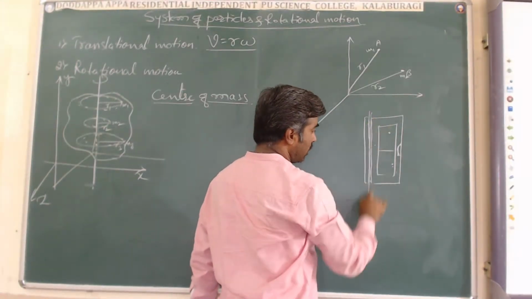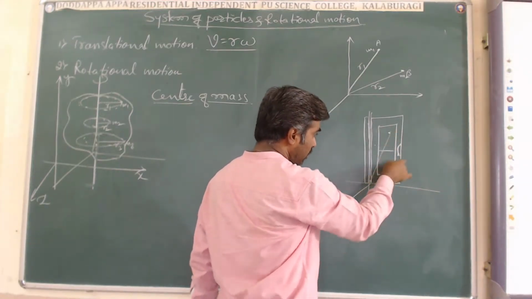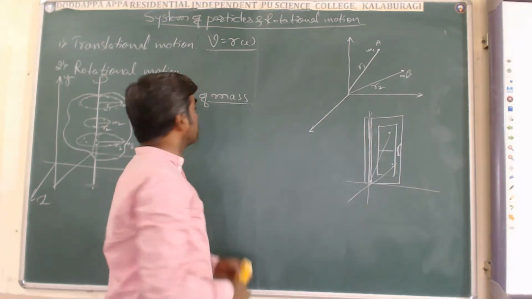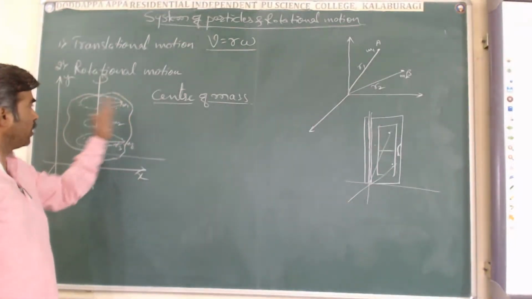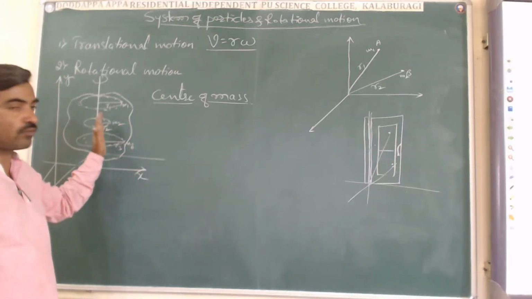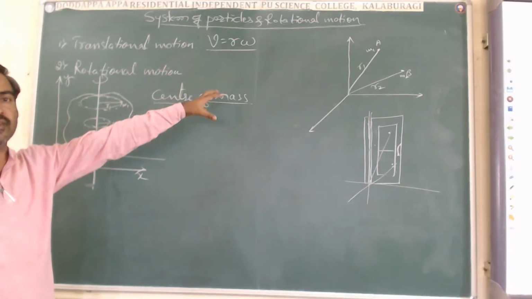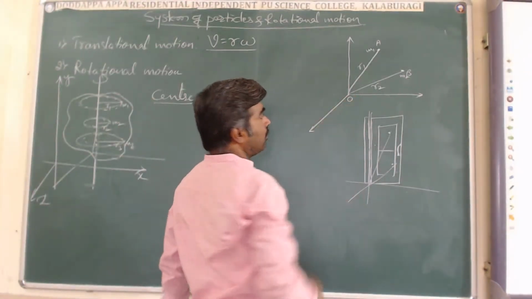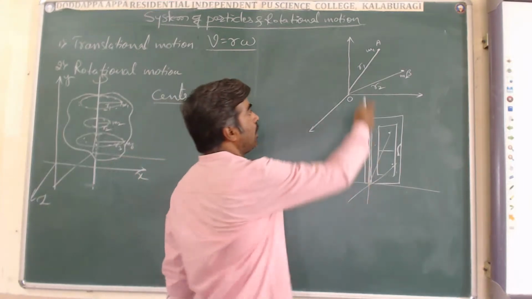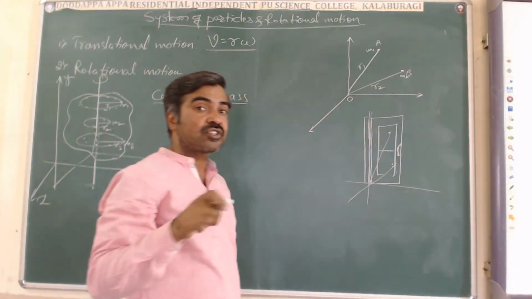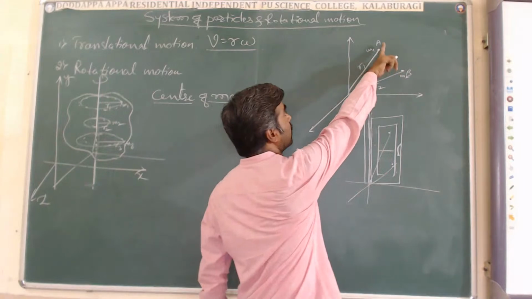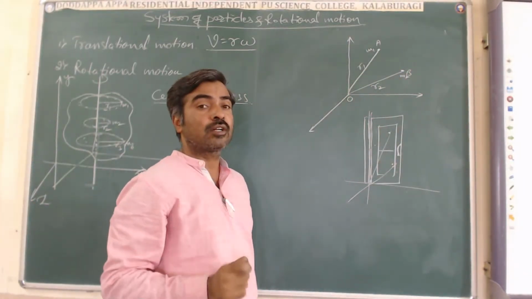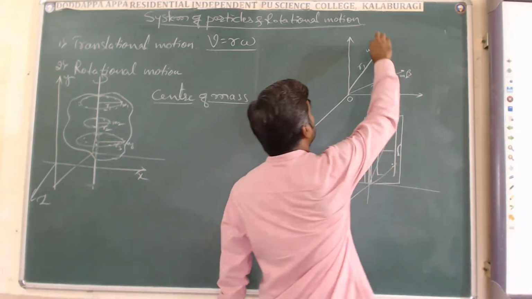With respect to the coordinate system, when I consider the origin O, because the axis of rotation is there, every point has a certain distance from the axis of rotation. So in three-dimensional space I should consider the origin O. In this regard, r1 and r2 become the position vectors of the particle at point A and the particle at point B, which are set in motion by applying external forces.